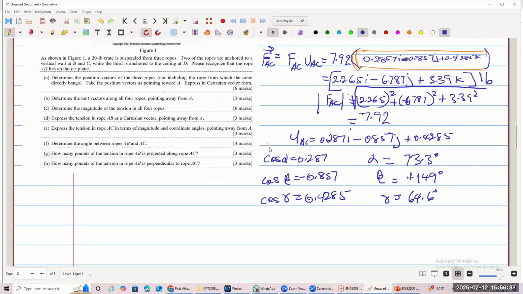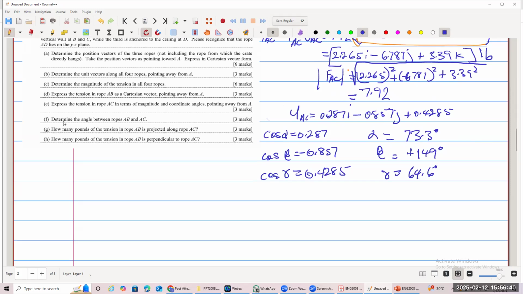All right, the next part of the question says: find the angle between the rope AB and AC. How do you find the angle between the rope AB and AC? What principle are you going to apply here? Dot product, sir. Thank you. The dot product.